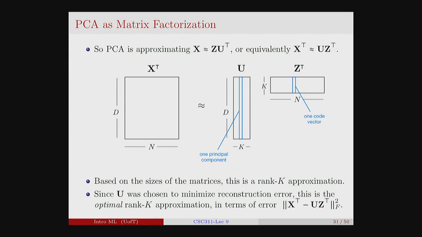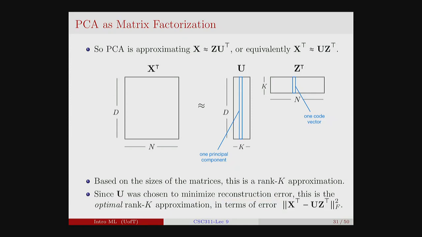And so based on the size of these matrices, this is what's referred to as a rank K approximation. So in mathematics, you can ask, how do I approximate a matrix? One way to approximate a matrix is via a low rank approximation. And in this particular case, it's a rank K approximation of the original data matrix X transpose. So that's what PCA is doing. It's finding a rank K approximation to X transpose. And since U was chosen to minimize reconstruction error, because this matrix U transpose was not chosen randomly.